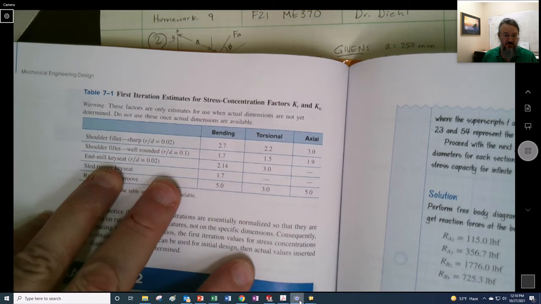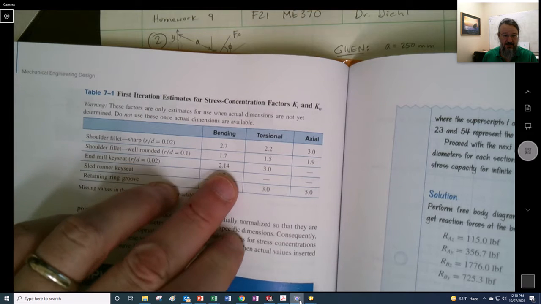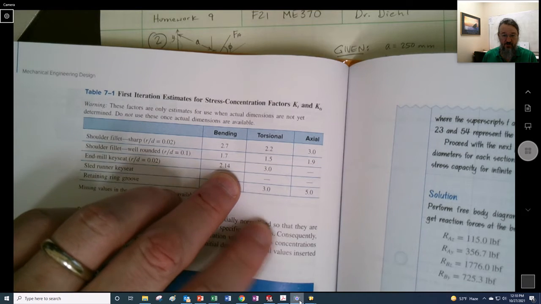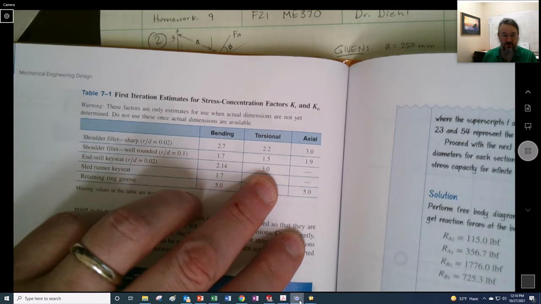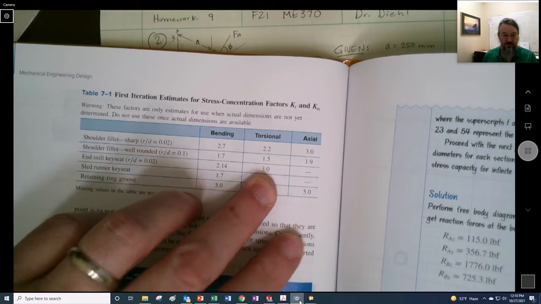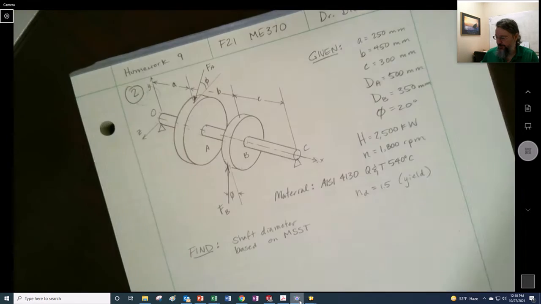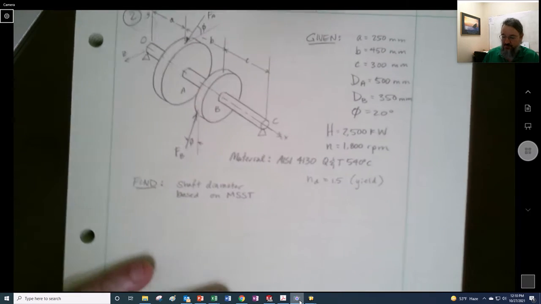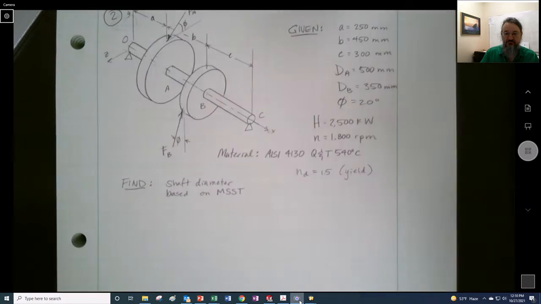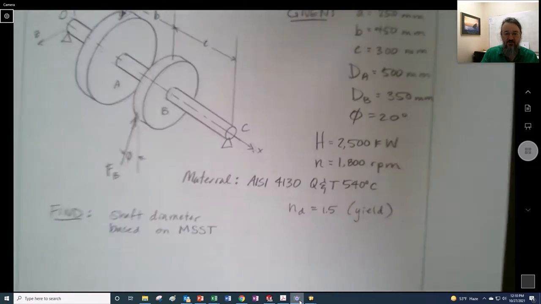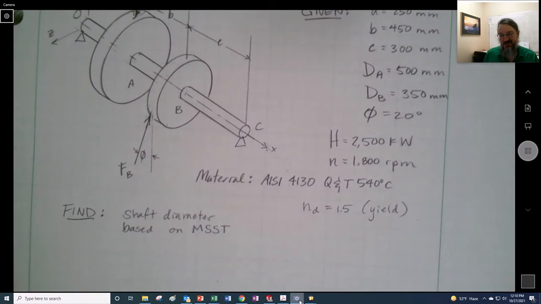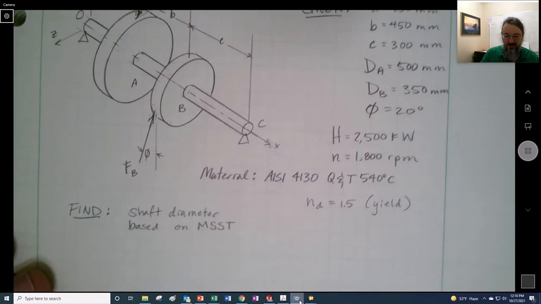We can see for the end mill key seat, in bending we have 2.14, and in torsion we have 3.0. We don't really have much more guidance than that in Shigley. I do have some Peterson graphs that can maybe give us a little bit more, but it's a really good first pass right here.